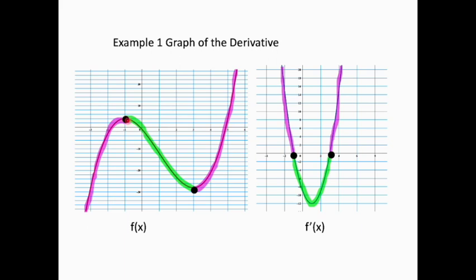So this is our local max, and this is our local min. That's where the slope of the tangent line is 0, which means the derivative is 0, and that's where it crosses the x-axis. So these points indicate a local max or a local min.